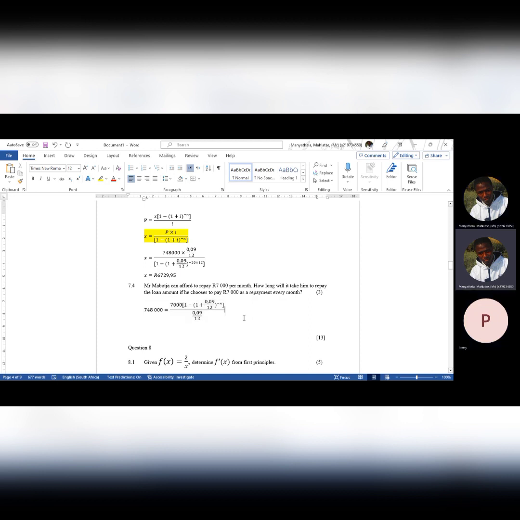So that is the second step. We're multiplying both sides by 748,000 to deal with this fraction.